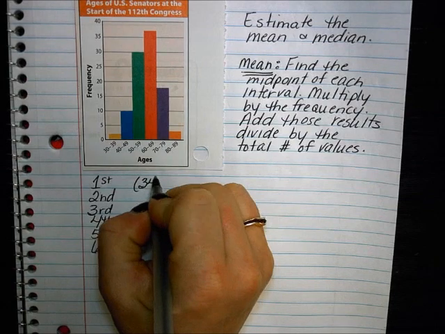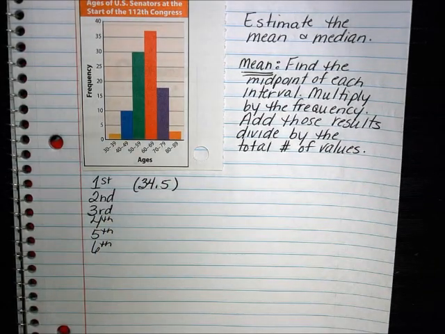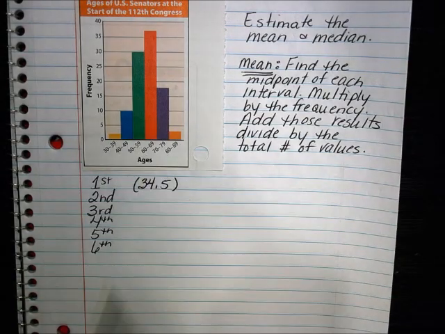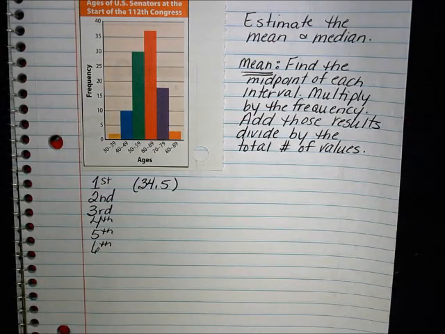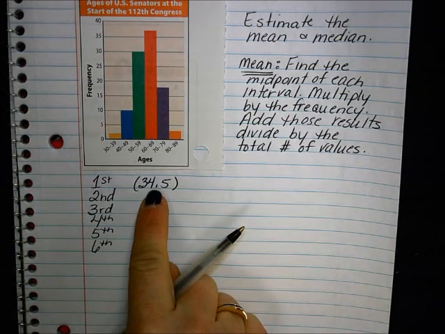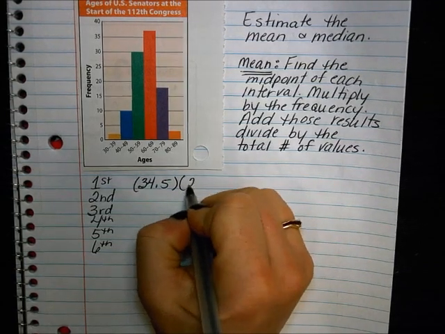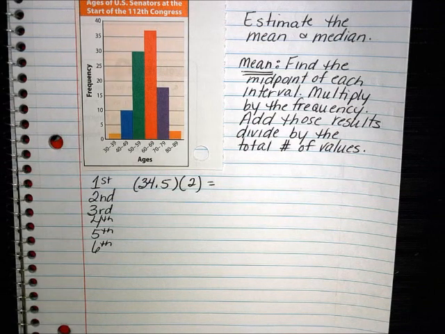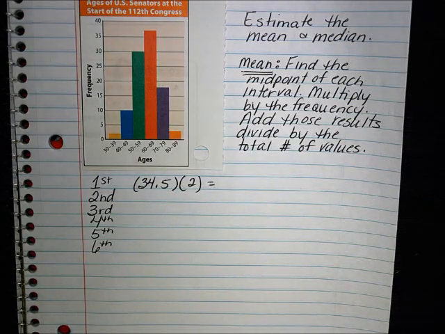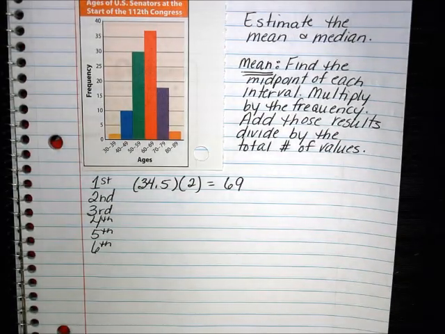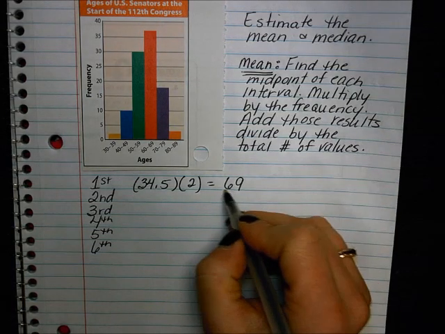So 34.5 is the middle of that interval. Now, there were 2 people that fell in that interval. So the frequency of it is 2. So this is the average age of that interval, and there were 2 people in that interval. So altogether, 34.5 years times the 2 people would give me 69 years of age, right?